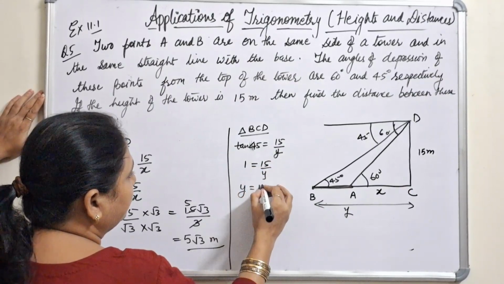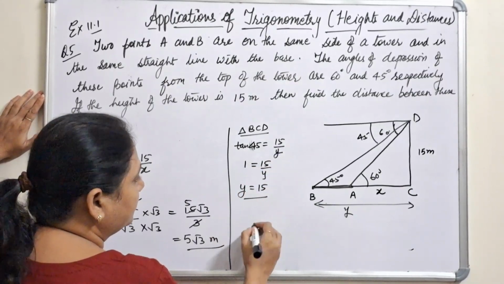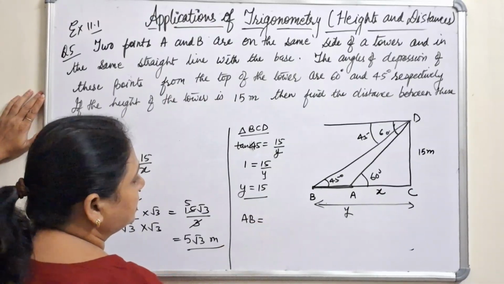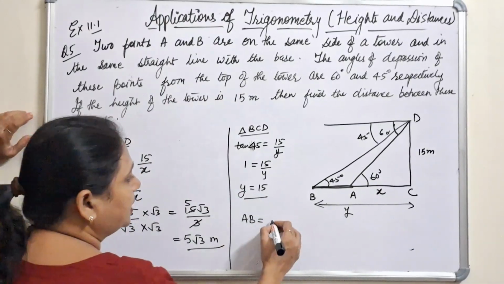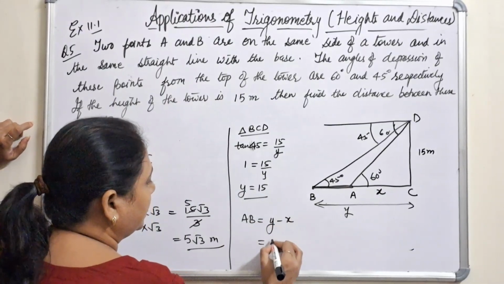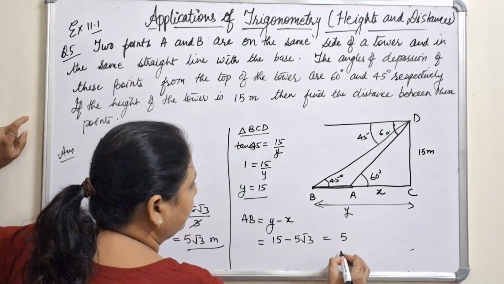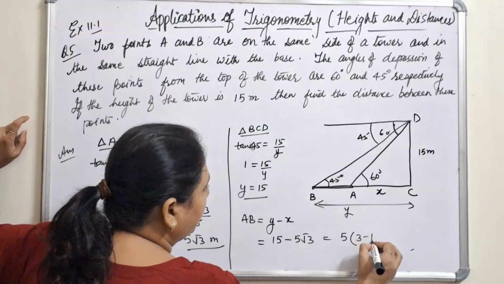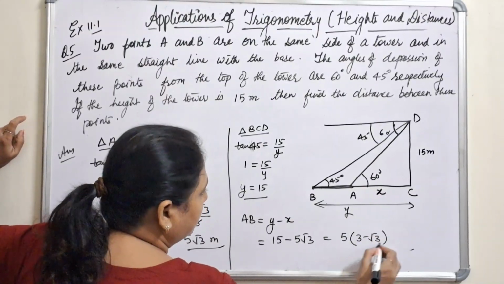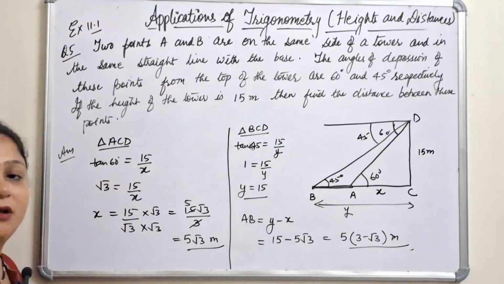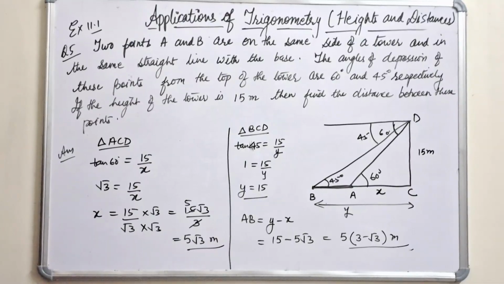So y is 15. Now we require the value of AB, the distance between the points A and B, that will be y minus x. So 15 minus 5 root 3, you can take 5 as common, 3 minus root 3 meter, or you can solve by substituting the value of root 3.